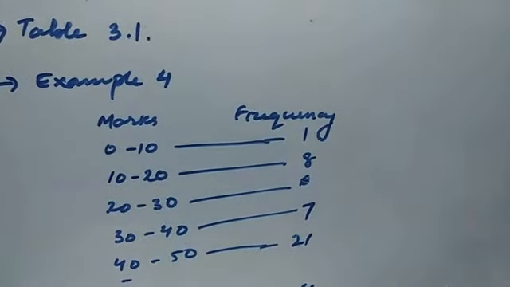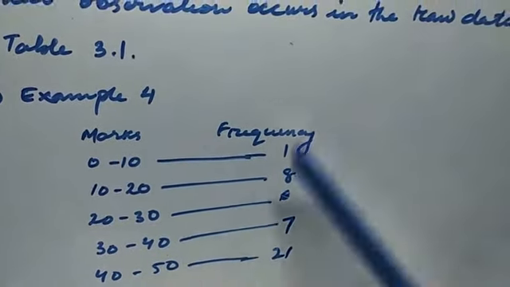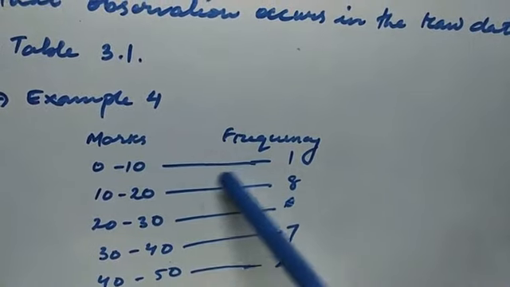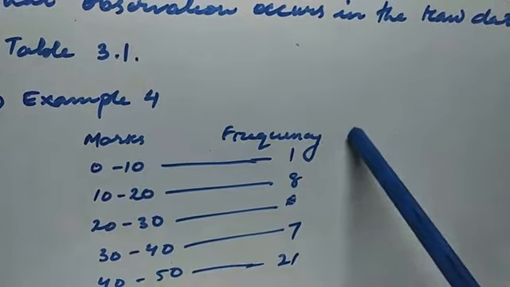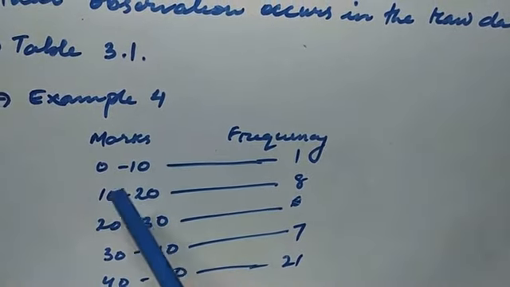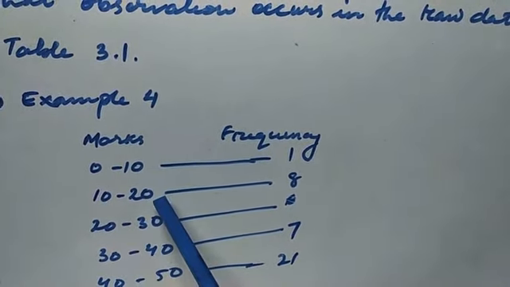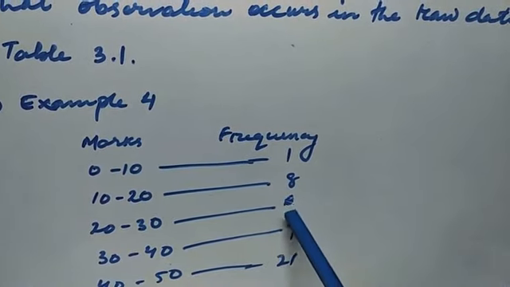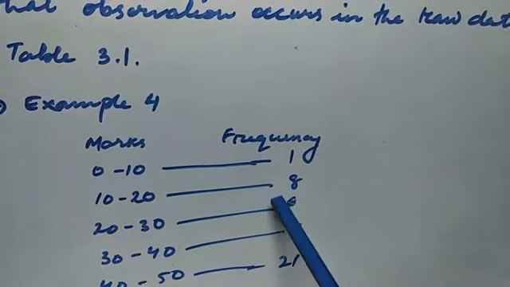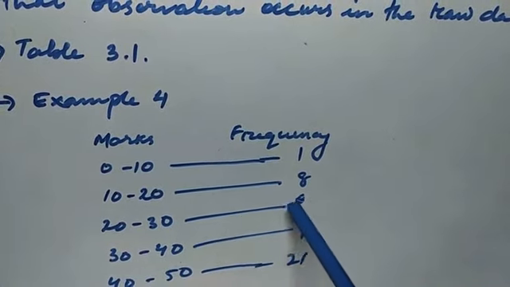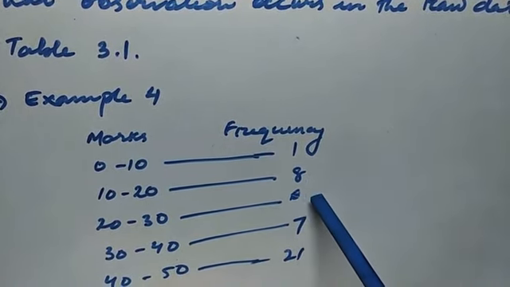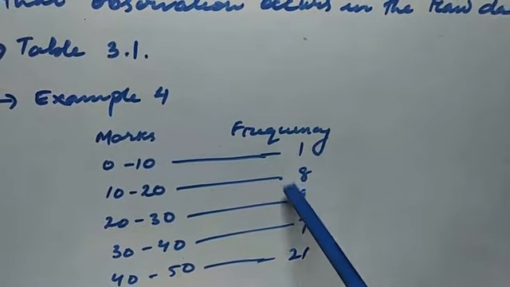In simple words, frequency means how often that variable occurs within this class interval. So how many numbers are there in the raw data ranging from 10 to 20, and how many numbers, variables or observations are there within 20 to 30. If it is 6 observations, the frequency will be 6.